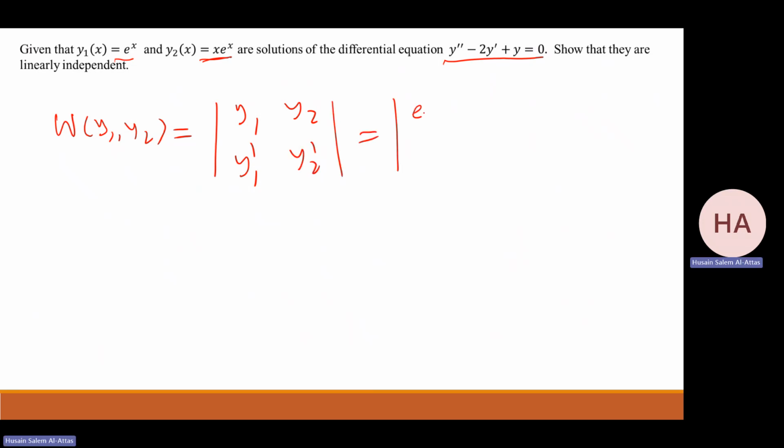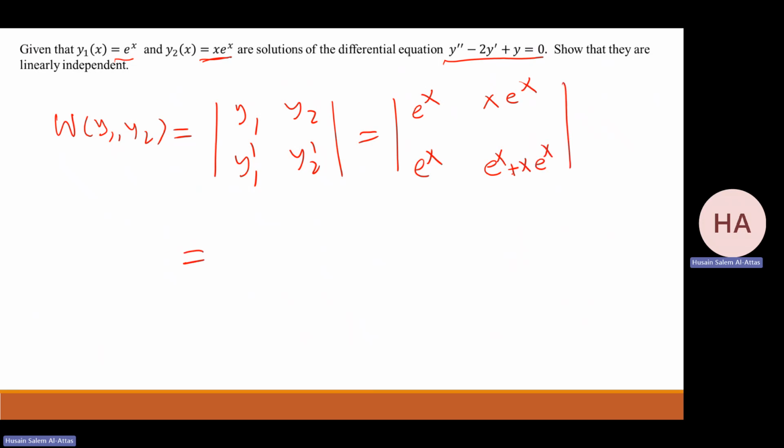Since they are solutions, I will do the Wronskian of y1, y2. Let's write the formula: y1, y2, then y1 prime, y2 prime. I have only two functions. y1 is e to the power x, and y2 is x e to the power x. The derivative of y1 is e to the power x. The derivative of y2 is e to the power x plus x e to the power x.